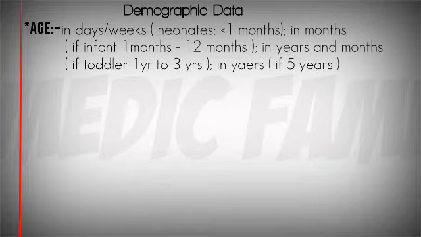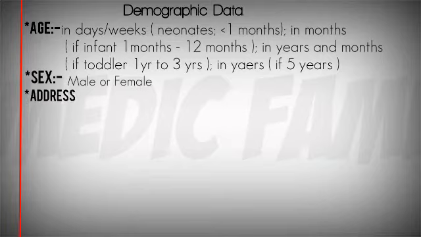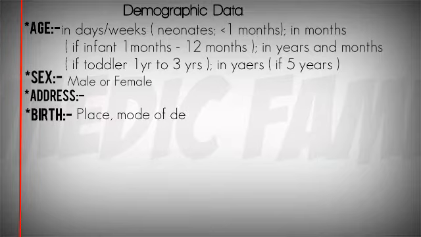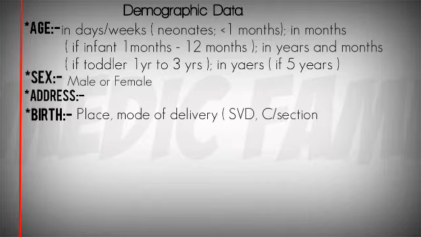Second is sex, that can be male or female. Third is the address or residence. The fourth is birth, place of birth, and also mode of delivery, cesarean section or SVD, and why.